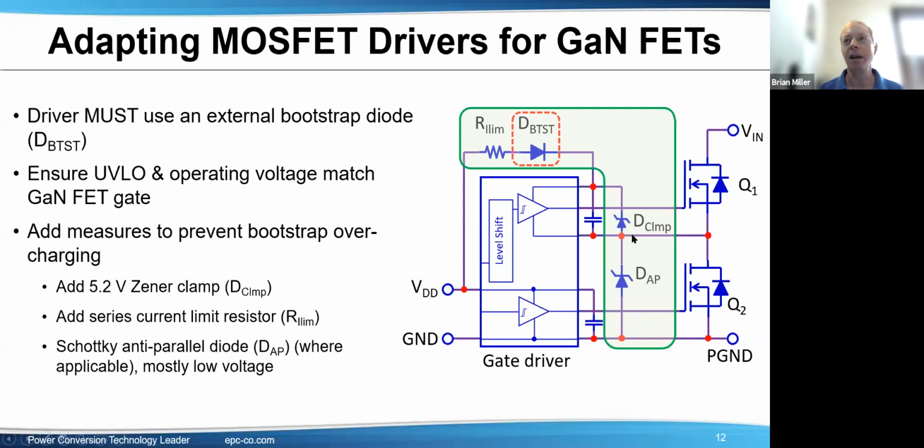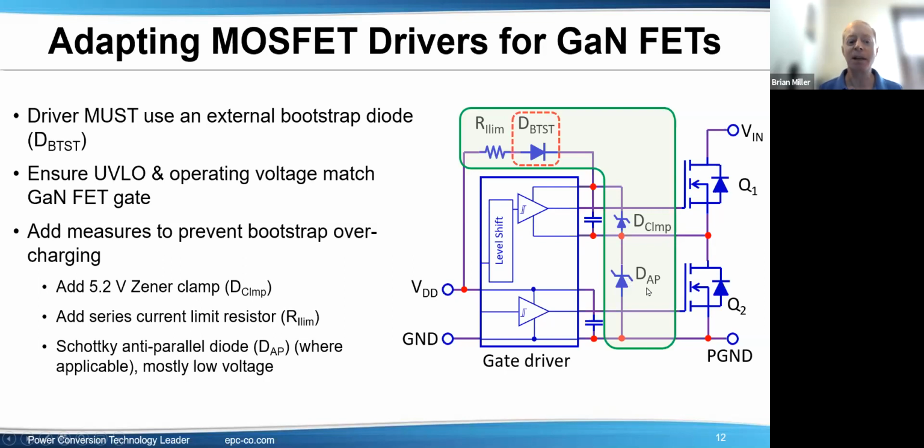When that conducts, it effectively lowers this side of the capacitor 2.5 volts below ground and could overcharge this capacitor and make the clamp work harder. Plus also, some gate drivers, some controllers can't take this node going down to minus, say, 2.5 or minus 5 volts. So this will help.